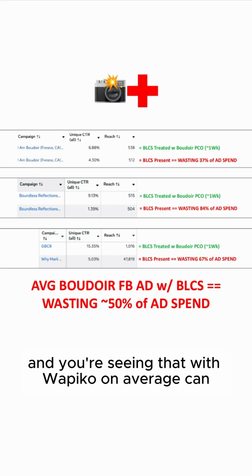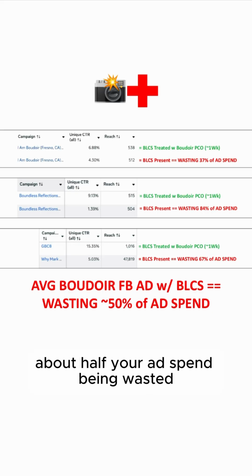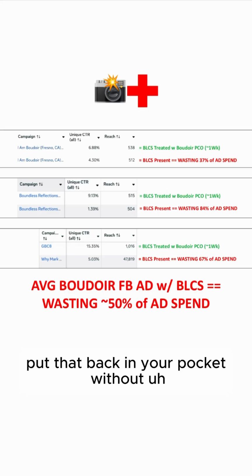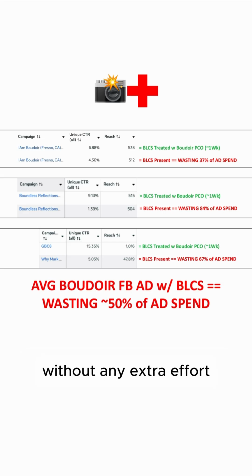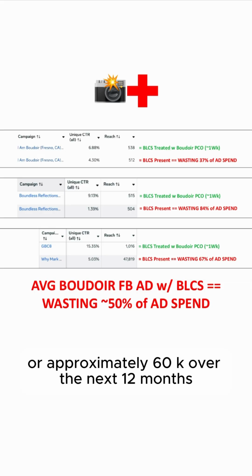And you're seeing that Boudoir Pico on average can eliminate about half your ad spend being wasted, put that back in your pocket without any extra effort. So it'd be approximately 5K per month or approximately 60K over the next 12 months, over the next year.